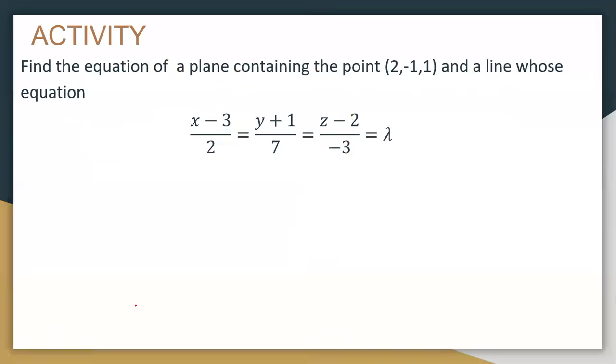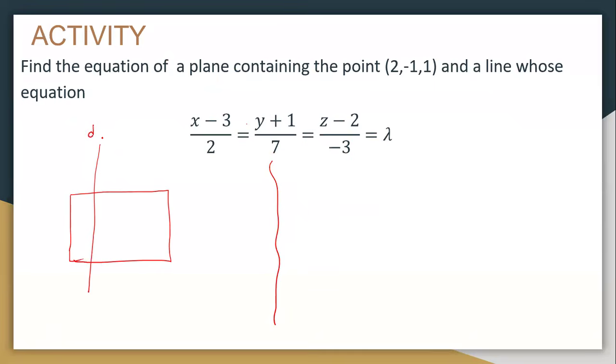So we are going to look at the first example. When you look at my screen, they have given us a point. I can first make a small sketch. They have given us our line, and I can draw my line here. When you look at this line, you know that it has a direction vector, and allow me to call that direction vector V1, which is going to be 2, 7, and -3.